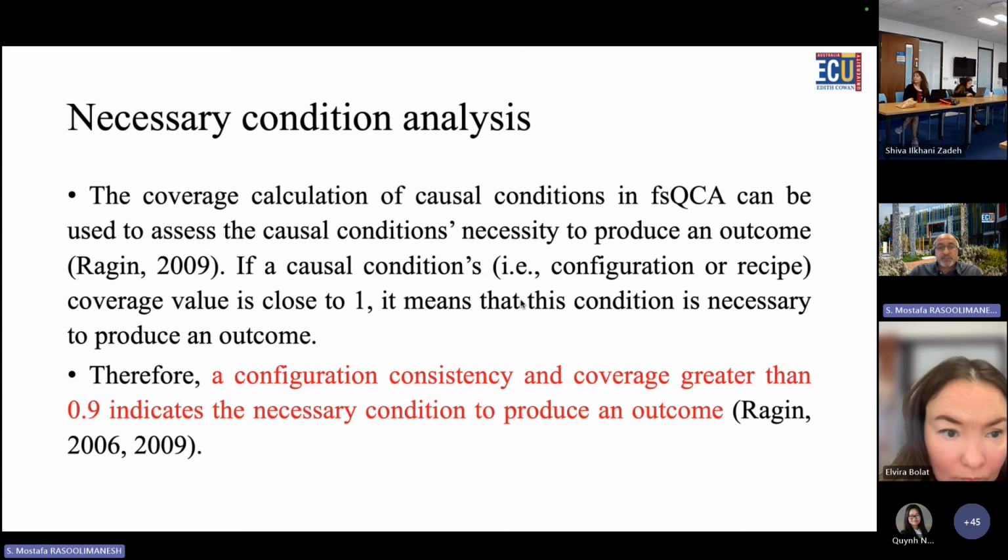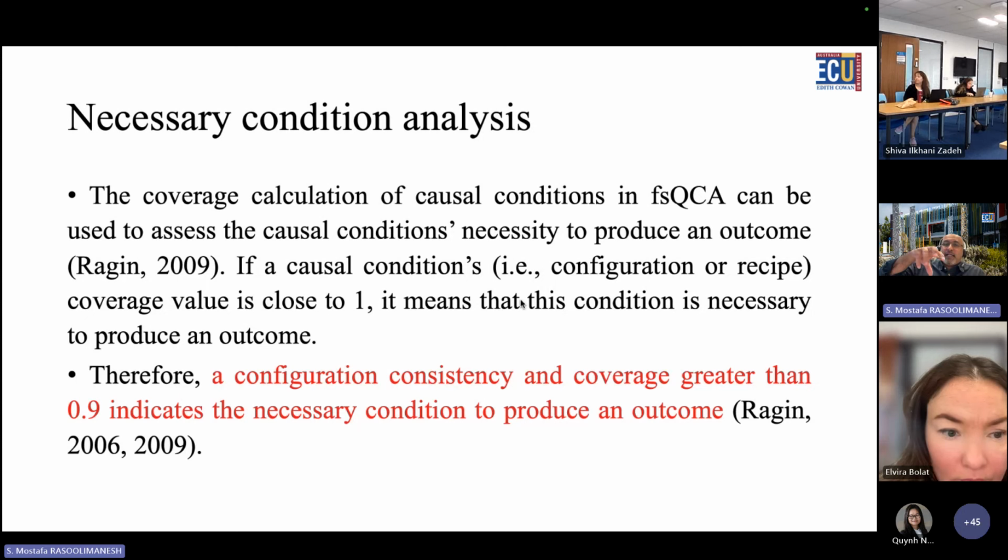sufficient configurations. But what's a necessary condition? A necessary condition is for a specific condition where the value of consistency and coverage are higher than 0.9.